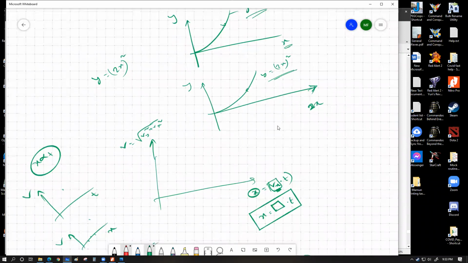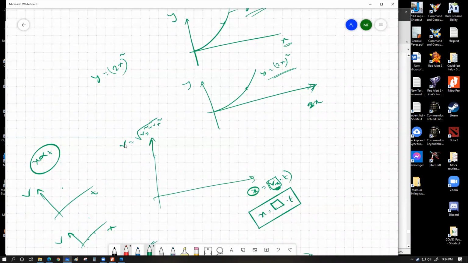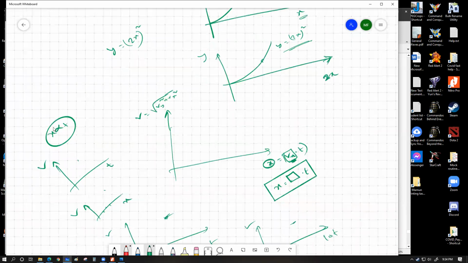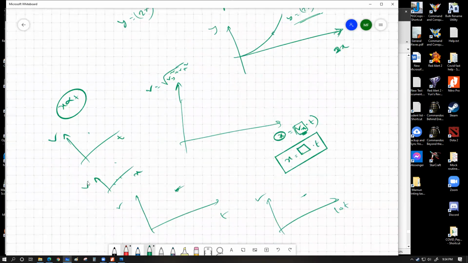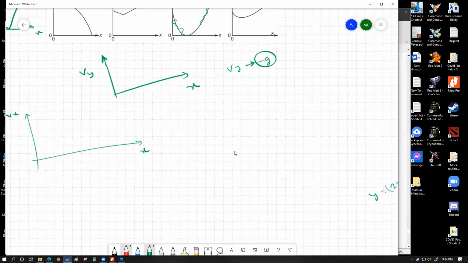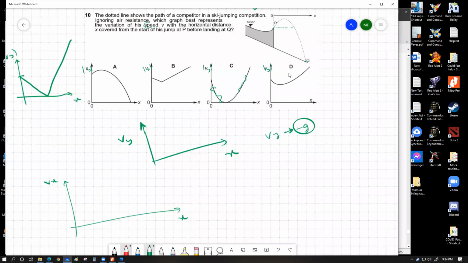So we proposed that the graph shape for v versus x, being only a constant multiplied by t, should be very similar to v versus t, because x is proportional to t, so the vt graph and vx graph should have the exact same shape. That's why our correct response for this question was D.